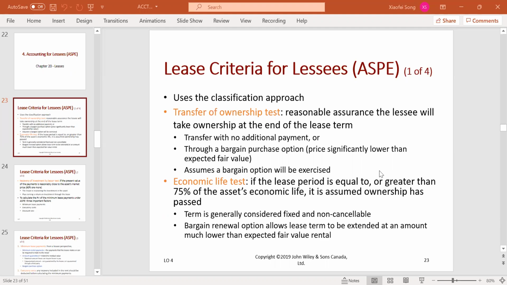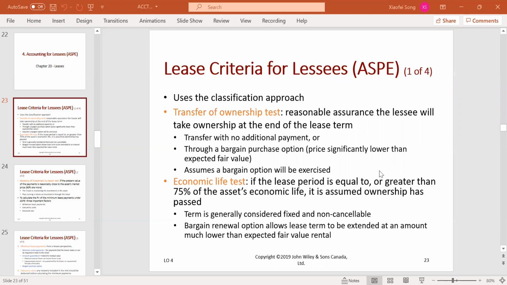The second one is economic life test. Compare the lease term with the economic life of the property. If the lease term is 75% or more of the economic life, then it's capital lease. Otherwise, it's operating lease.